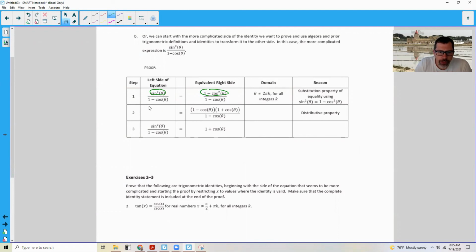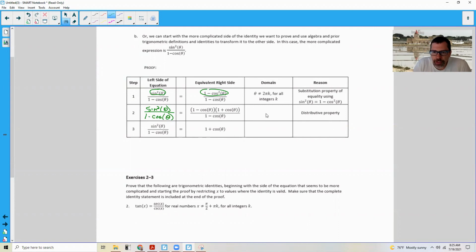The right side changed. So this is still going to be sine squared theta divided by 1 minus cosine of theta. What happened here was 1 minus cosine squared theta became 1 minus cosine theta times itself divided by 1 minus cosine theta. That is the distributive property.